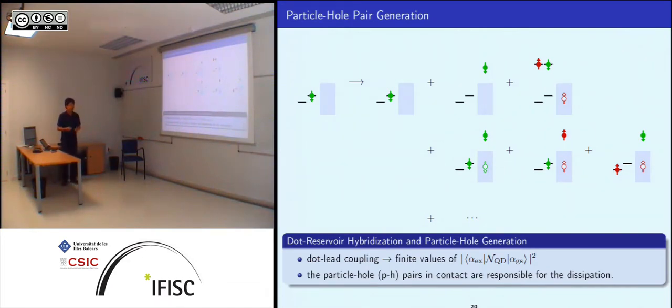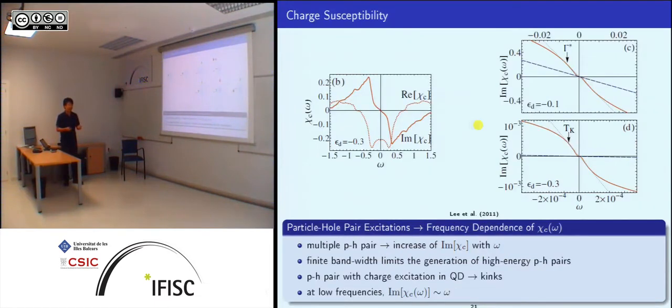This is the reason why this resistance is called a relaxation resistance. It is based on the relaxation of the charge particle-hole pairs. So this resistance is proportional to how well the particle-hole pair can be generated in the system. As the number of particle-hole pairs increases, the larger the resistance is.